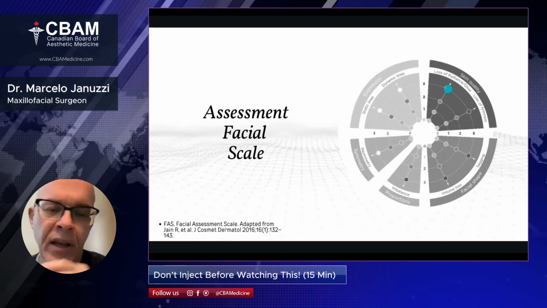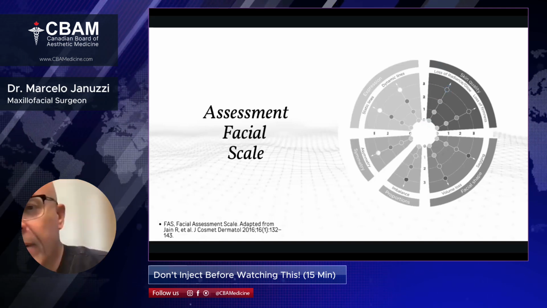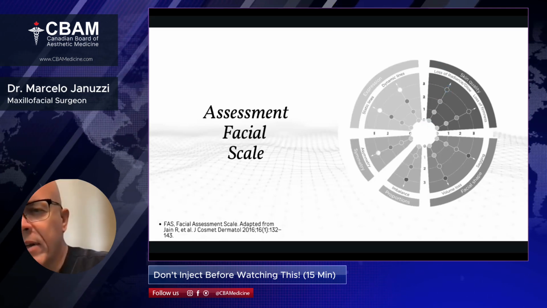The patient with 3 has a very bad facial radiance and glow.